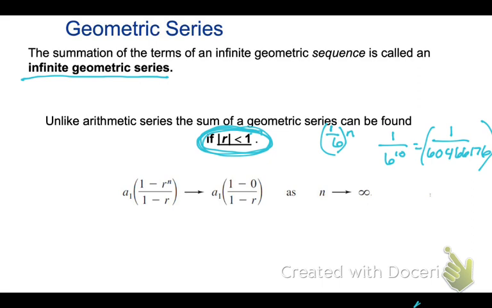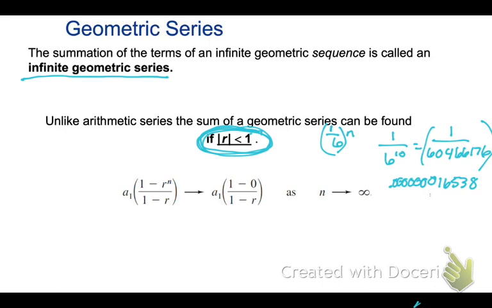Way less than 1. It's almost what? 0. If I divide 1 by 6 to the 10th, I get 0.0000000165. That number is pretty close to what? 0. And that's only 6 to the 10th. That's not even a very big number, is it?